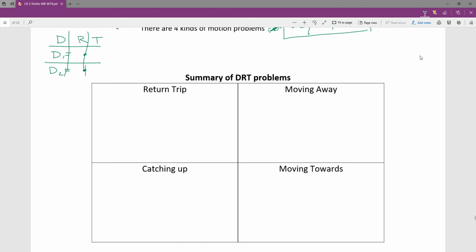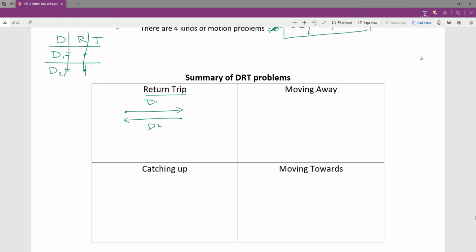The idea of pictures for these, I think, helps. This first one is the return trip. The return trip says that you leave from Nelson and drive to Castlegar, and then you leave from Castlegar and drive back to Nelson. Now, nothing changes in the distance traveled, right?